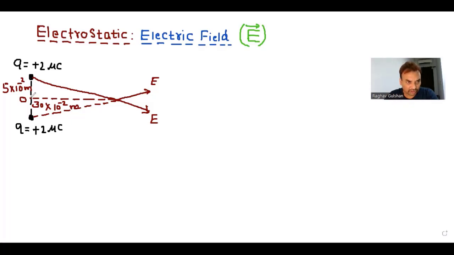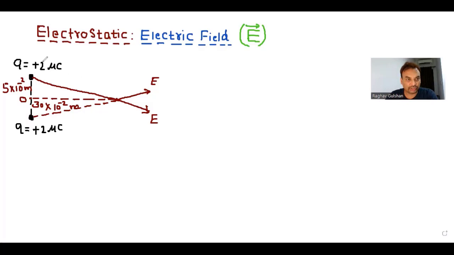From the center, I took the distance that is 5 into 10 to the power minus 2 meter, right? And we have to find out the net electric field at this point, due to these two charges. This point is at a distance of 30 into 10 to the power minus 2 meter from this O.